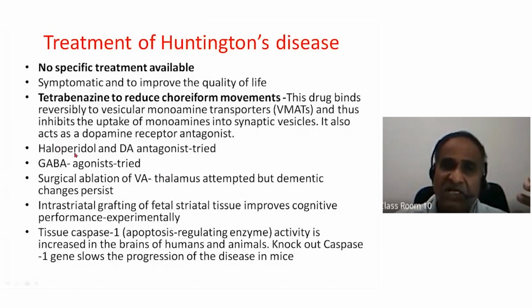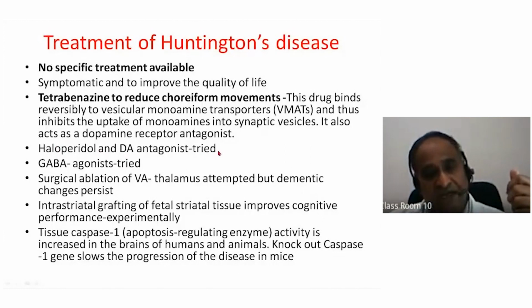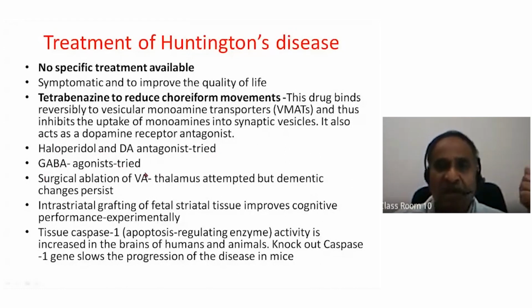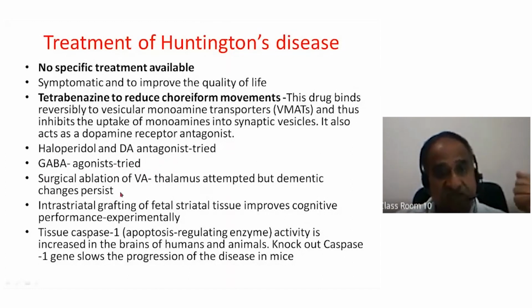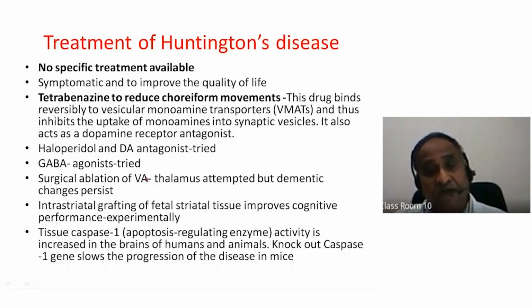People have tried haloperidol and dopamine antagonists. The results are not very encouraging. Similarly, GABA agonists like diazepam and other drugs were tried, but not with success. Some surgeries were also attempted, that is surgical ablation of the ventro-anterior nucleus of the thalamus.